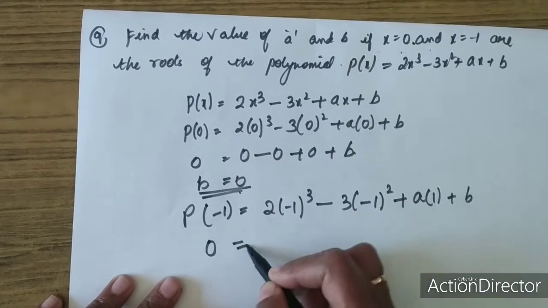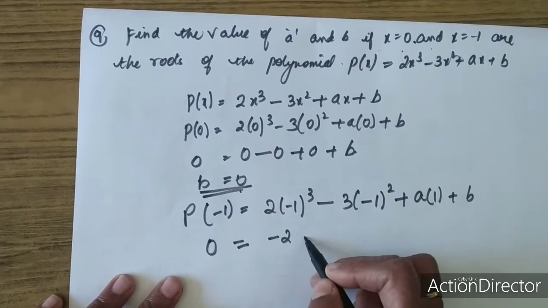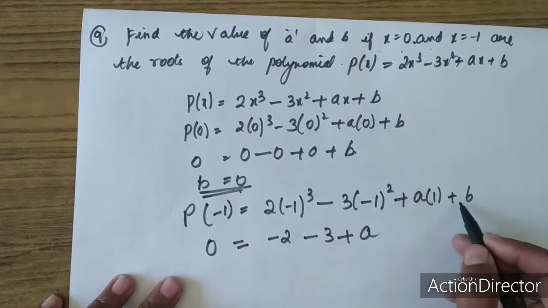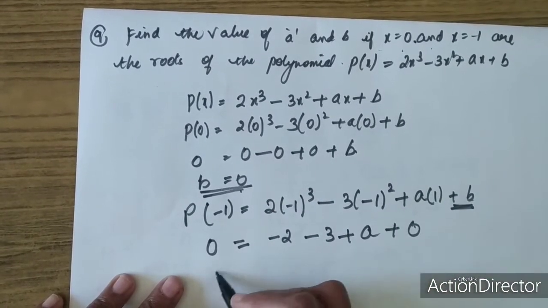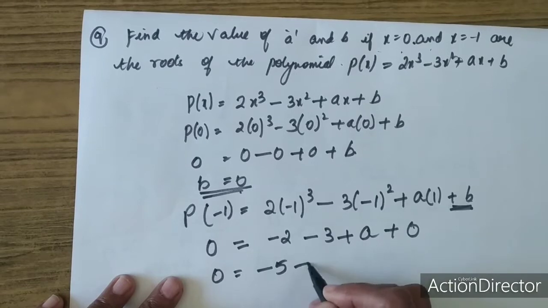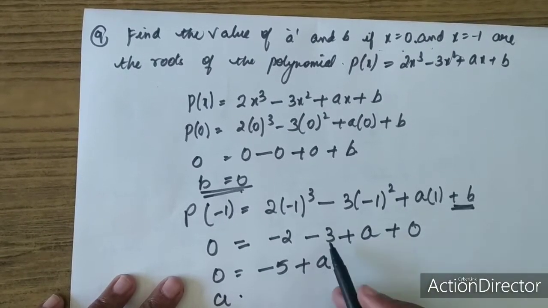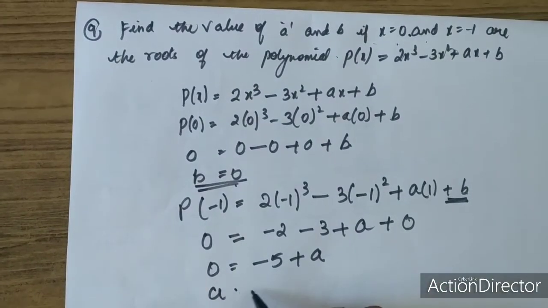P of minus 1 is equal to 0. So this is minus 2 minus 3 plus a, but we found out the value of b as 0. So 0 is equal to minus 5 plus a, or the value of a is equal to 5.